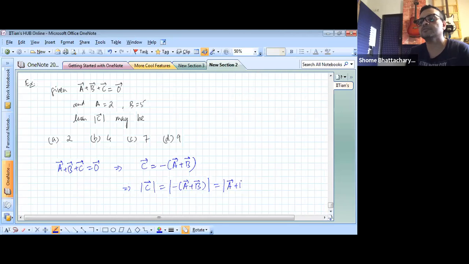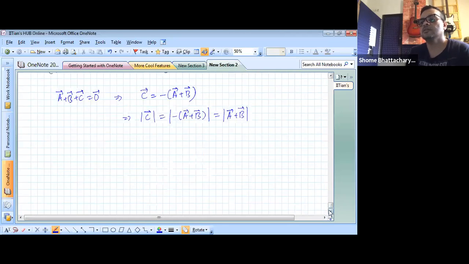So mod of C is equal to mod of A plus B. Therefore, mod of C cannot exceed the sum of their magnitudes and cannot be less than the difference of the magnitudes.